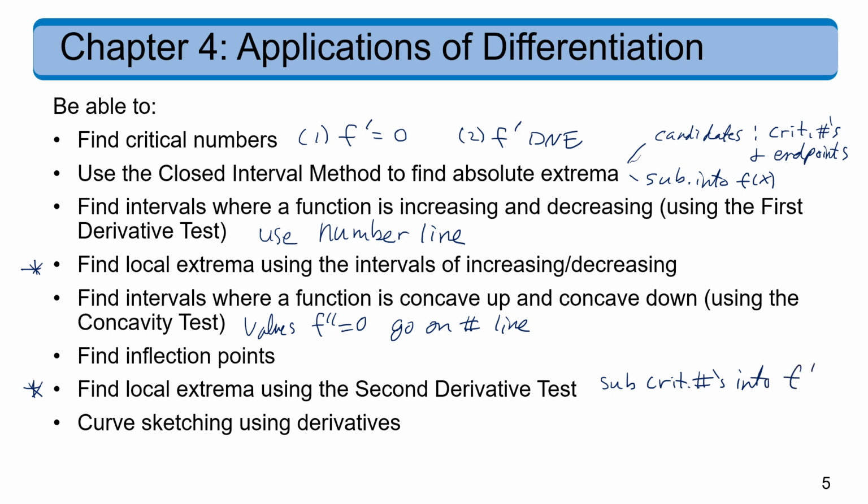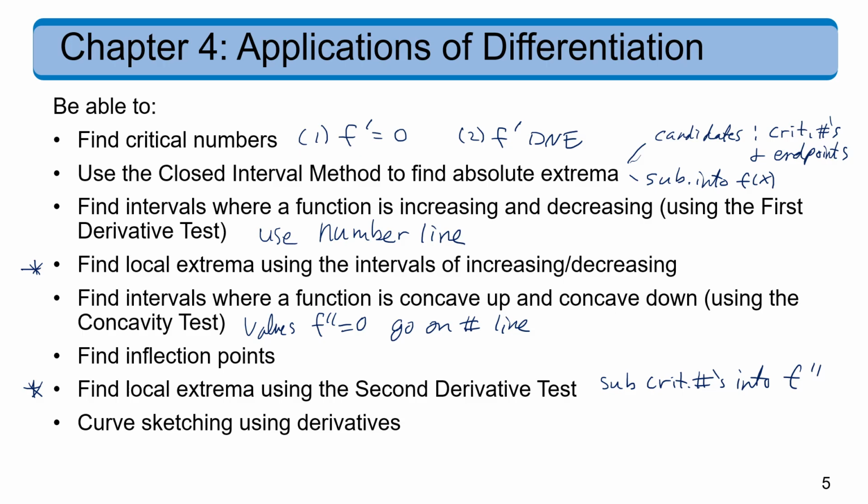And then if f double prime is positive, you envision concave up, and that shows you have a local min at that critical number. If your second derivative is negative, you envision a concave down curve, and that tells you you've got a local max.